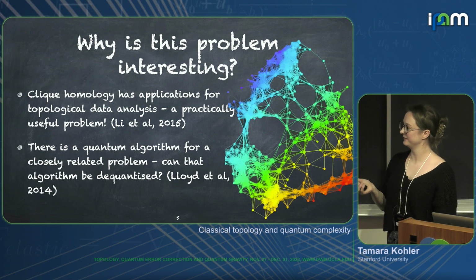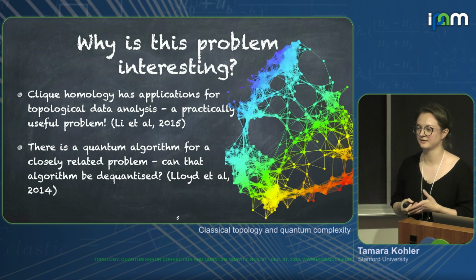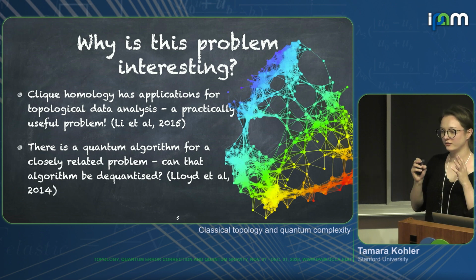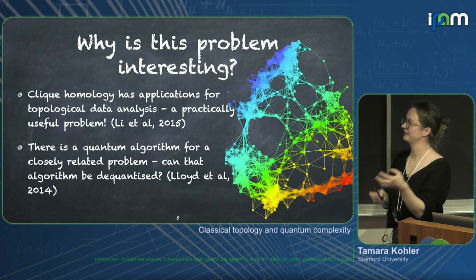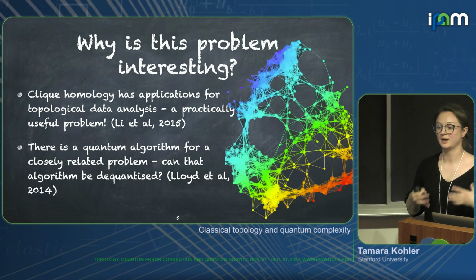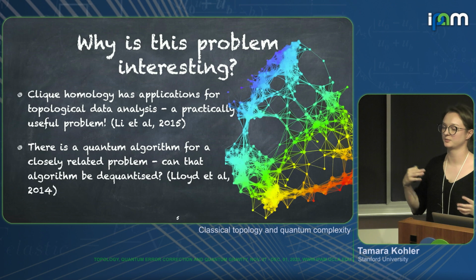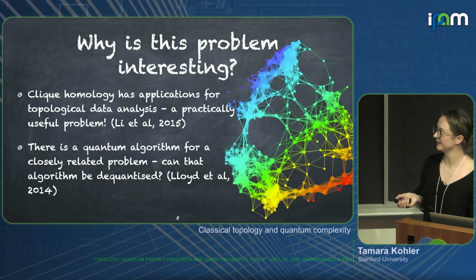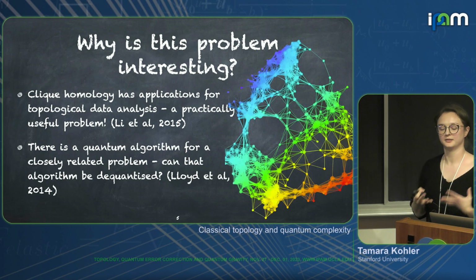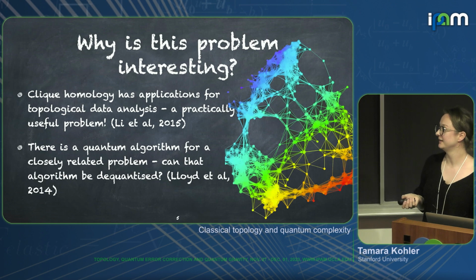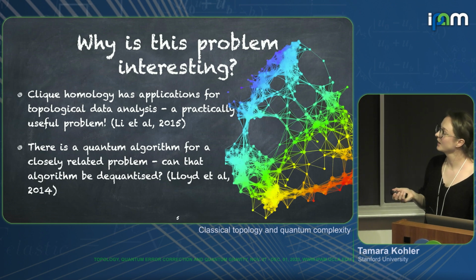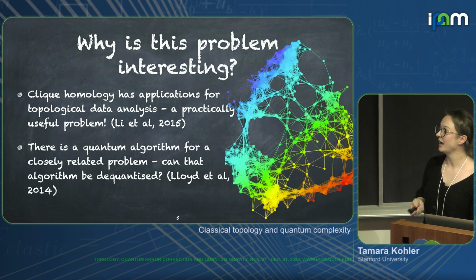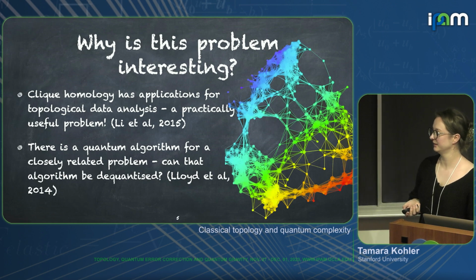So it has applications for a field of data analysis known as topological data analysis, where the idea is that if you have some kind of noisy, imprecise data set, rather than trying to study the data set really precisely, instead you should map the data set to some manifold and study its topology, because that's going to be more resistant to noise in the data than other methods of studying it. And one of the things you might want to ask about some data set is how many holes does it have? So this is a problem that people in industry are actually interested in solving.